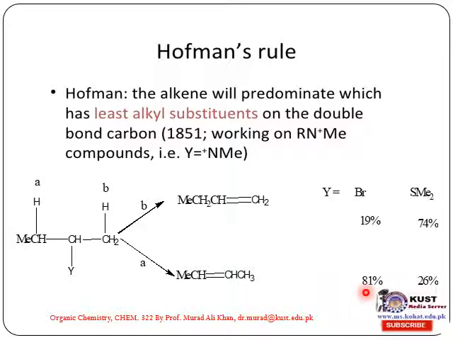But if Y is a bulky amine, then the Zaitsev product will be only 26% and the other product that is not a Zaitsev product will be 74%.